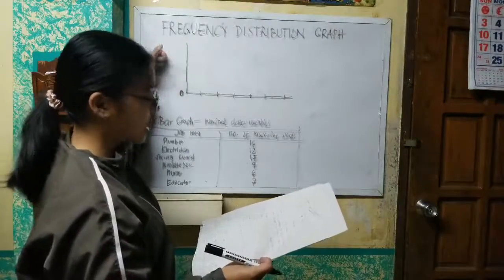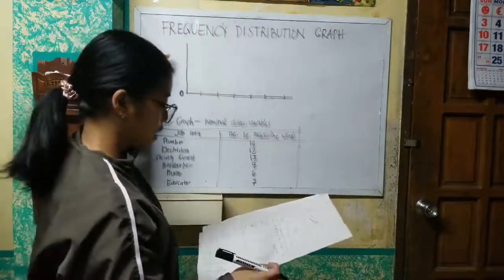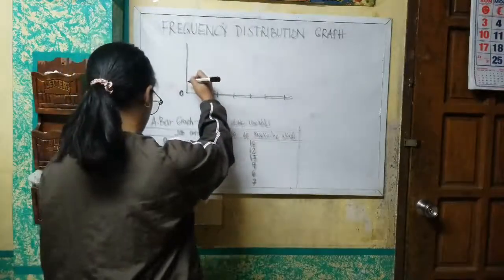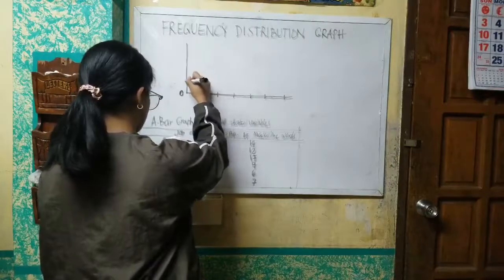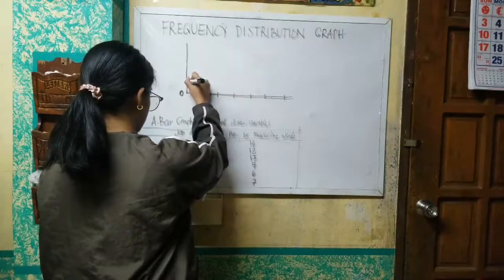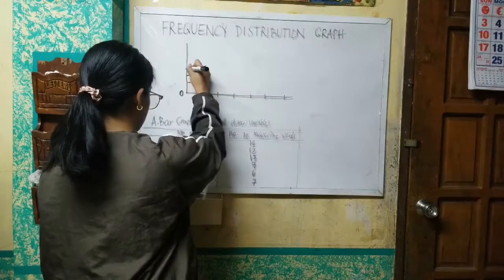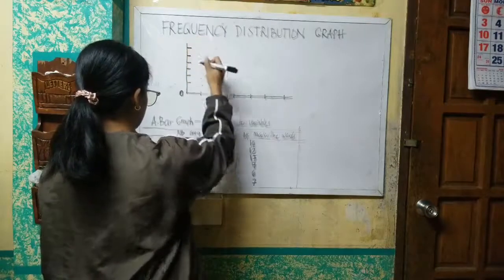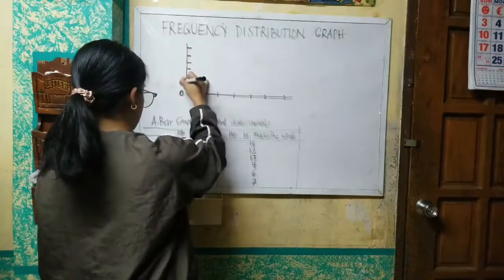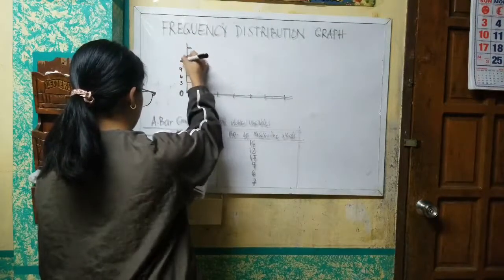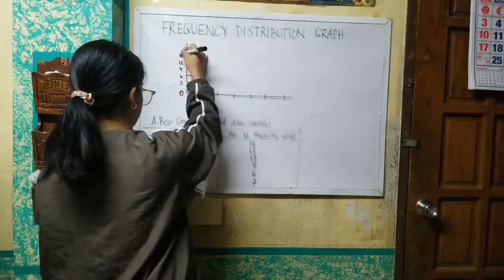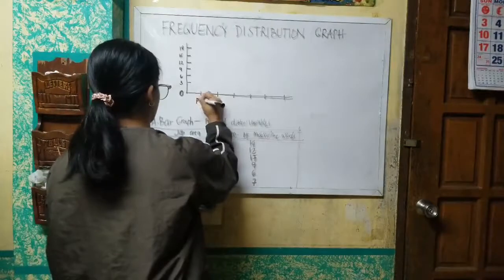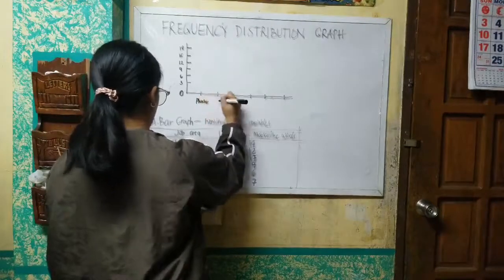So 3, 6, 9, 12, 15, and 18. We have 6 divisions of the y-axis as well. And here we have the job area.